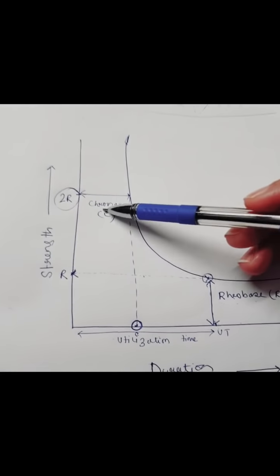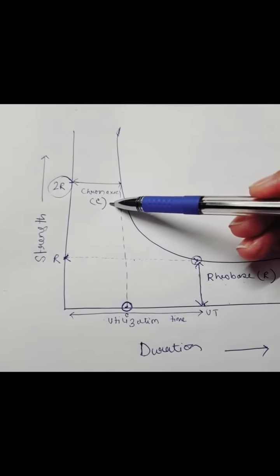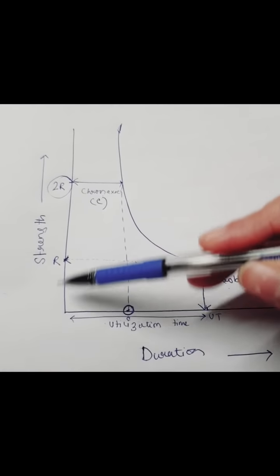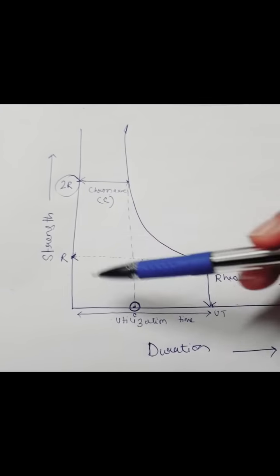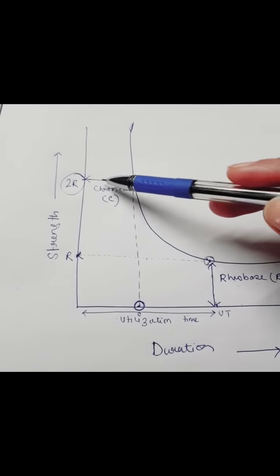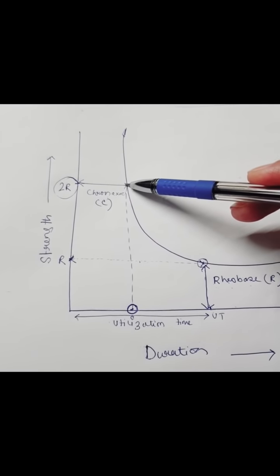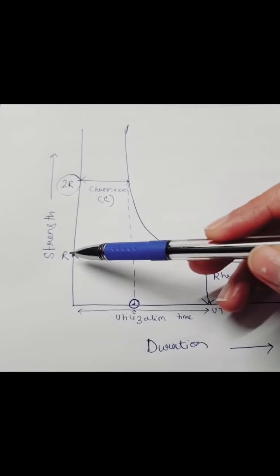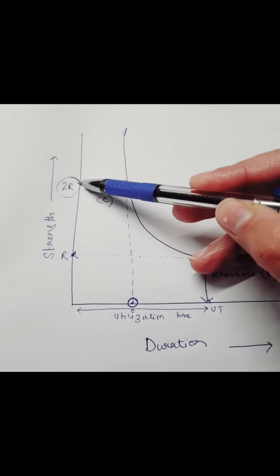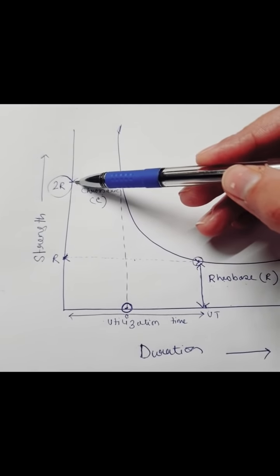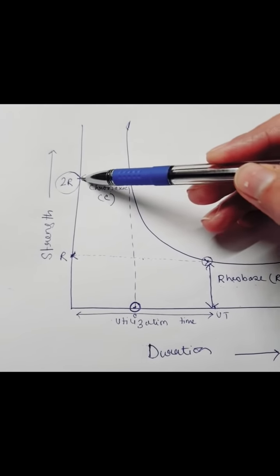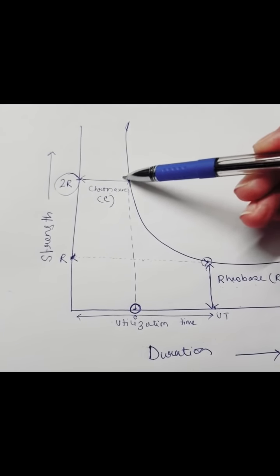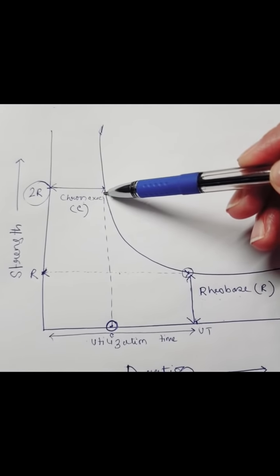And chronaxy was the time, this is on the time scale, required by double the Rheobase. This is Rheobase, this is double the Rheobase. So the time taken by double the Rheobase to elicit an electrical response.